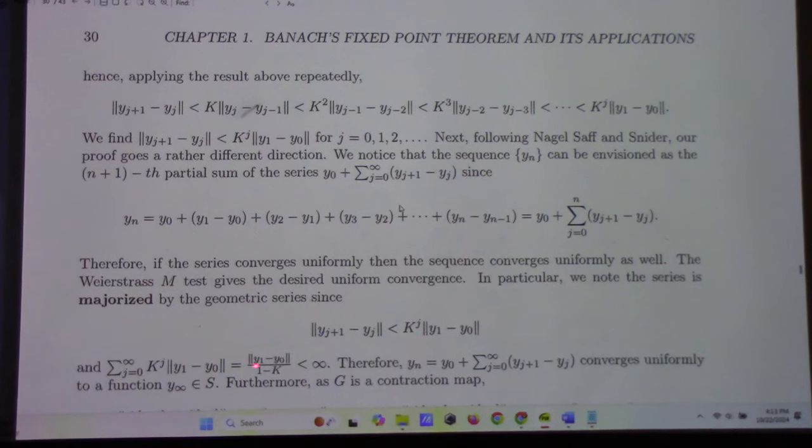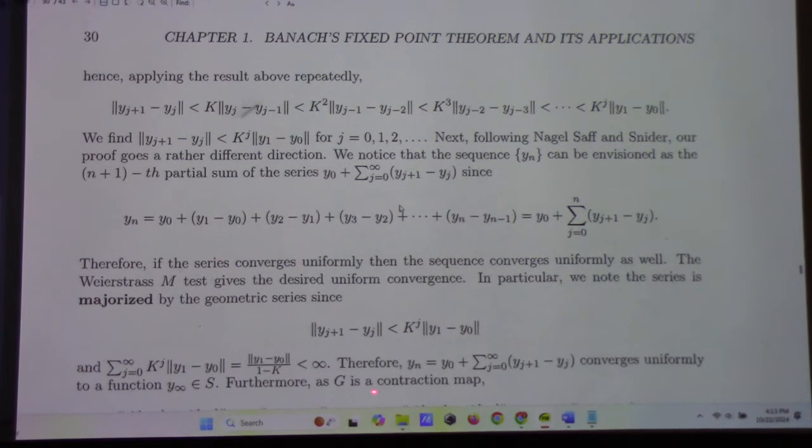But this is straight up equal to that by the geometric series result we proved last class, and that's less than infinity. It's convergent. So this is a convergent majorizing series for our given series. Therefore, this converges uniformly to a function y infinity on S by the Weierstrass M test.